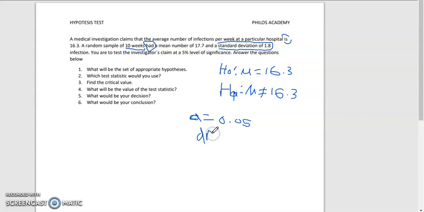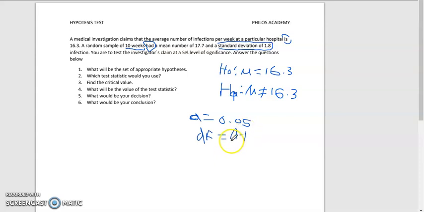Now degree of freedom will be equal to n minus 1. The formula for degree of freedom is small n minus 1.